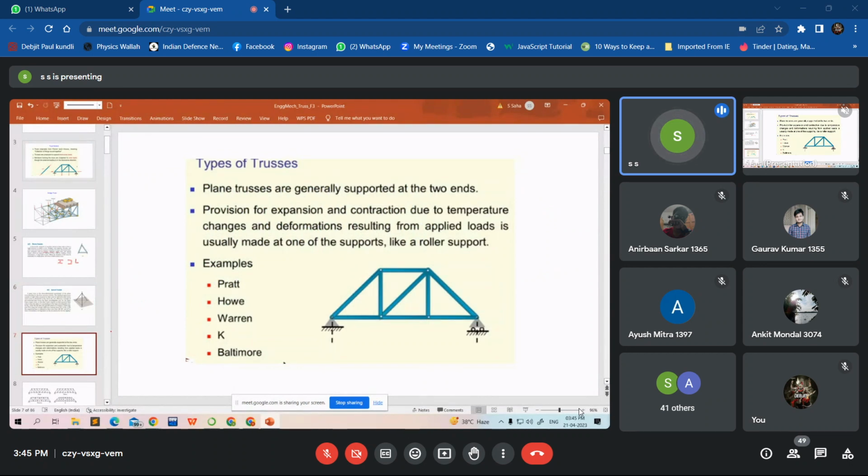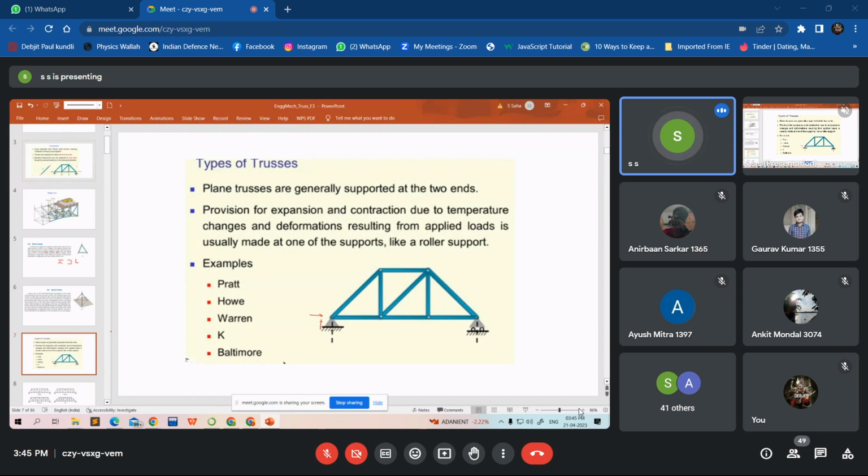There are different types of trusses, and we'll see them. This is a bridge truss, and one end has a pin connection, which we emphasized in the last class. It can have reactions Rx and Ry, but it cannot have any moment, because it is free to rotate.